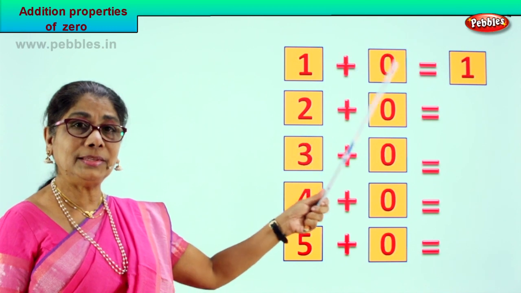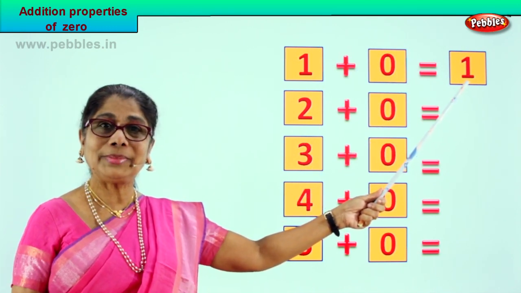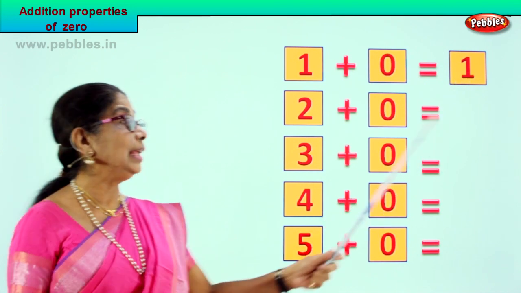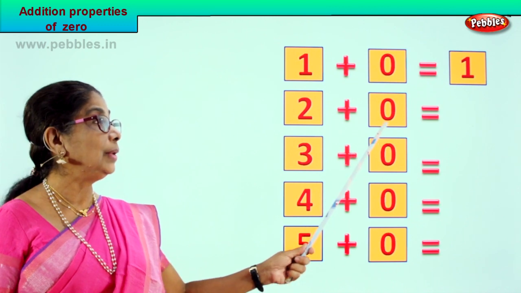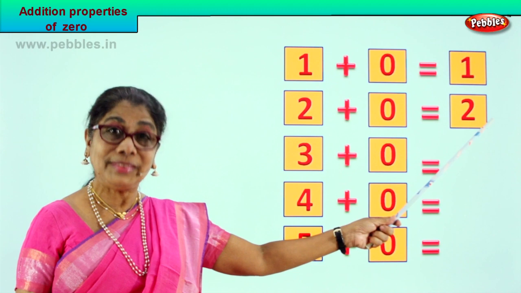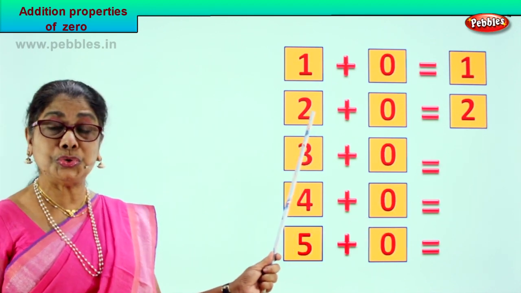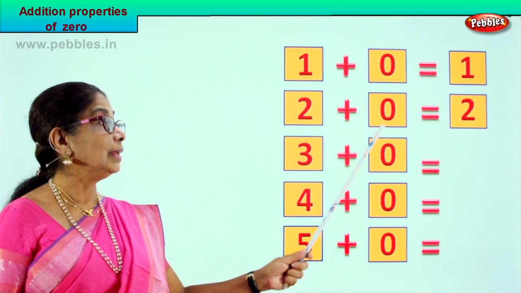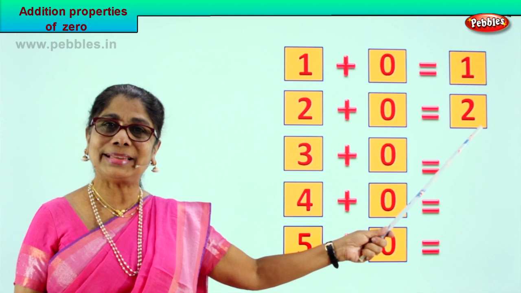Let's take the next sum. Did you get it? Read with me. 2 plus 0 is equal to 2 itself. Yes, the number itself. Very good.